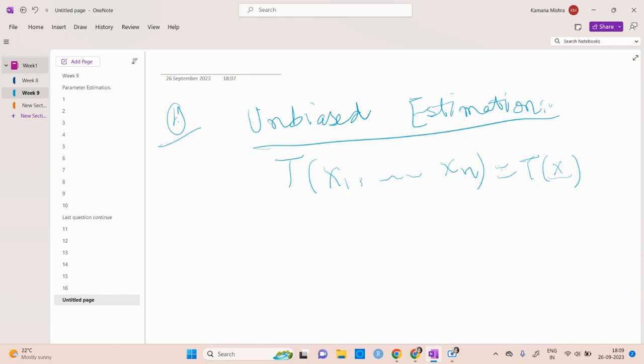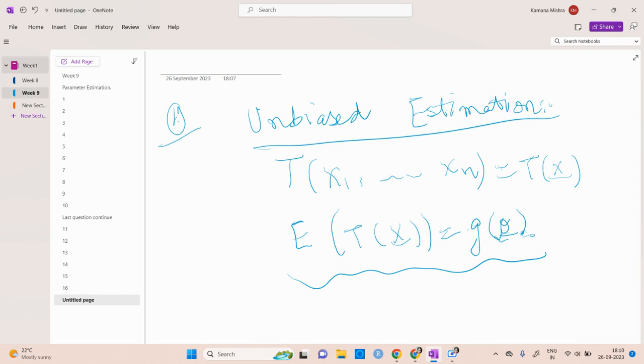So we say T(X) is an unbiased estimator of g(theta) if E of T(X) is equal to g(theta). So if the expectation of that estimator is equal to that parameter, it is unbiased.